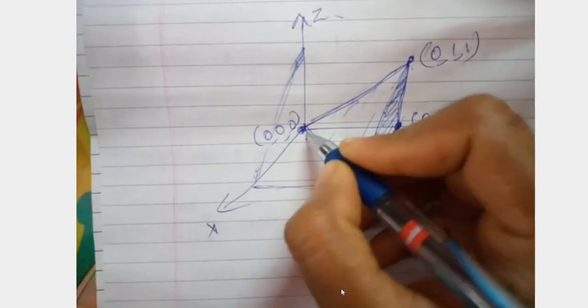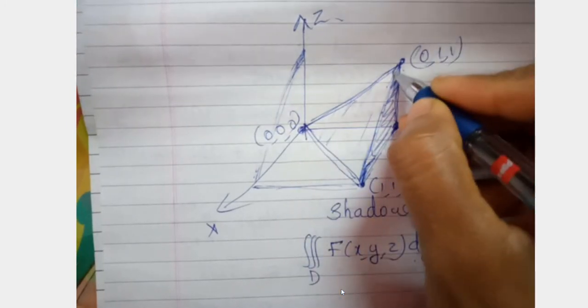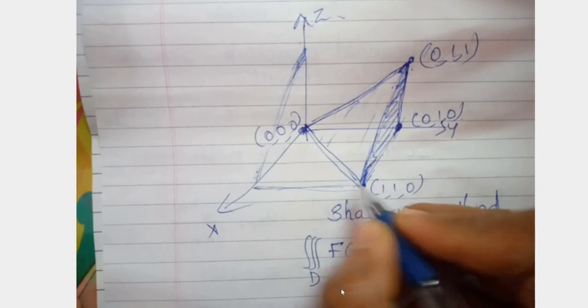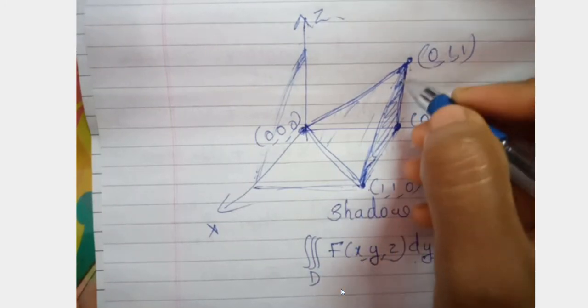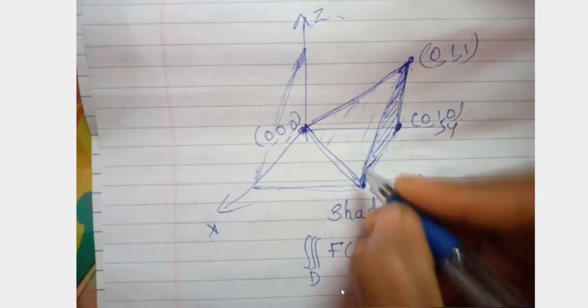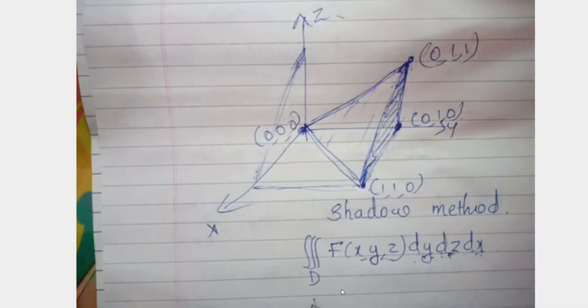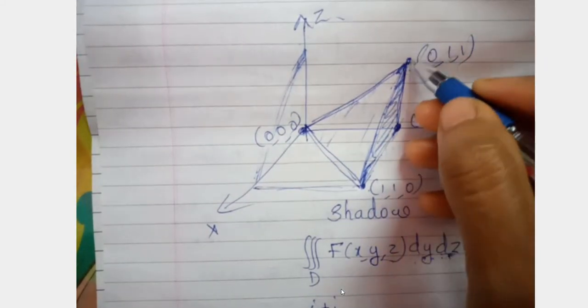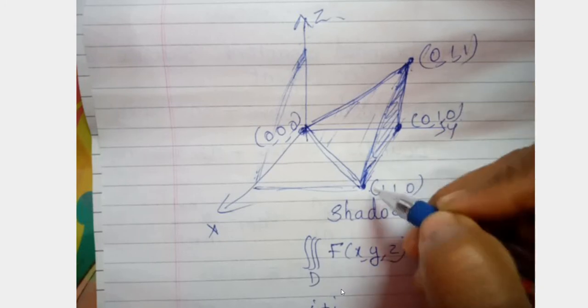I'm going to take two vectors. I'm choosing this point, and this point also. This is the vector i plus j, and this is the point 0, 1, 1.